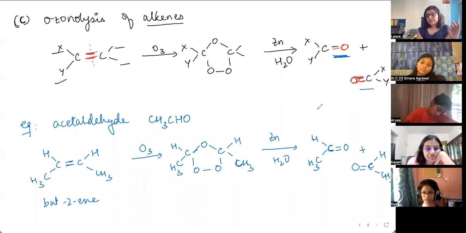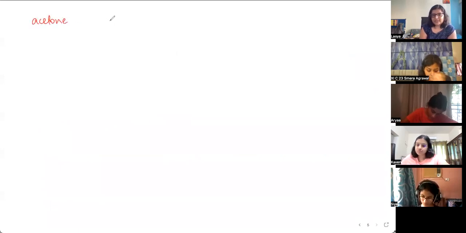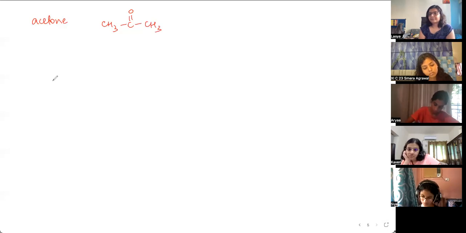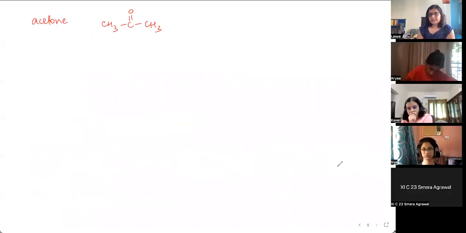Okay, so if we want preparation of a specific thing, next example, let's take preparation of acetone. The structure of acetone is CH3, C double bond O, CH3. If we want only acetone and nothing else, both the molecules produced here should be acetone, right?